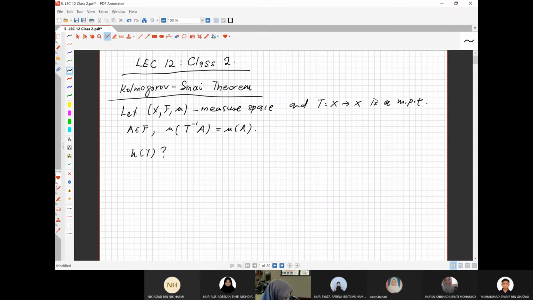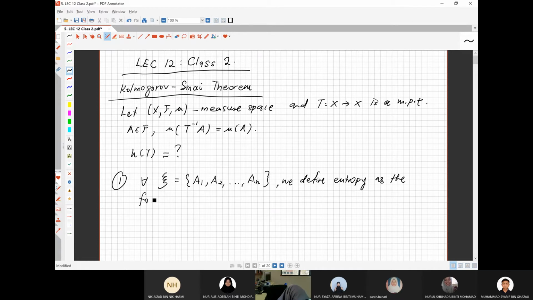Okay, so in order to find the entropy of the transformation, we need two properties. The first one is, for any finite partition psi, we must have the entropy definition as the following sum.